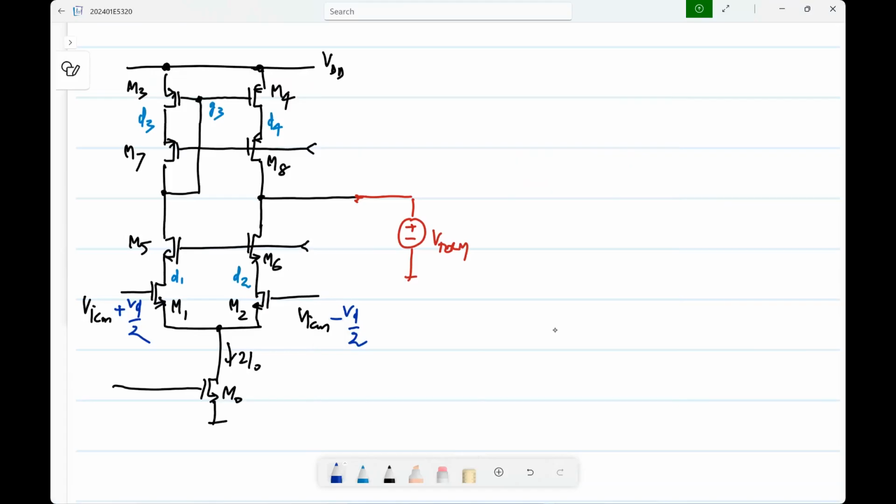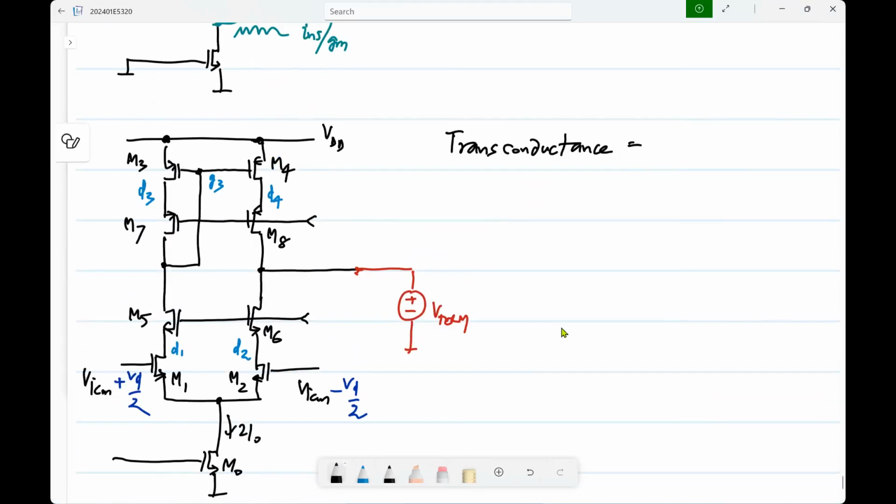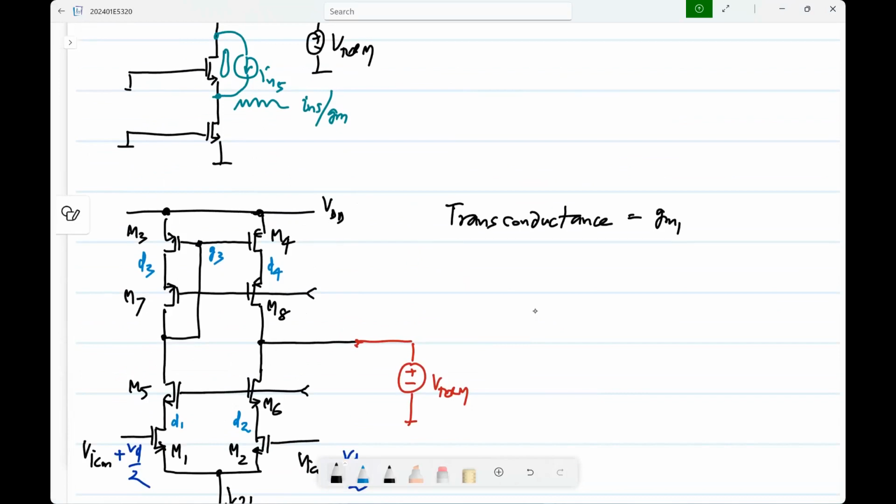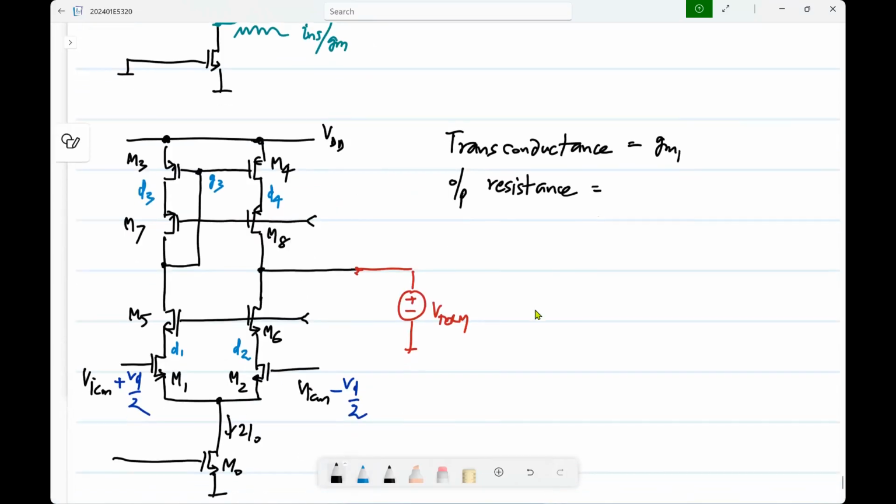So to first order, the transconductance of this op amp is GM1. And the output resistance, what is it?